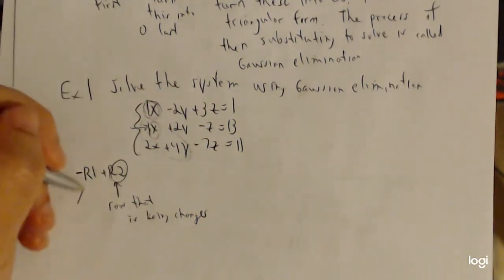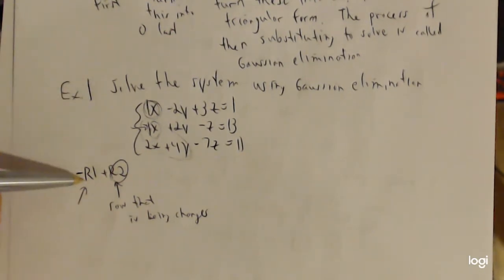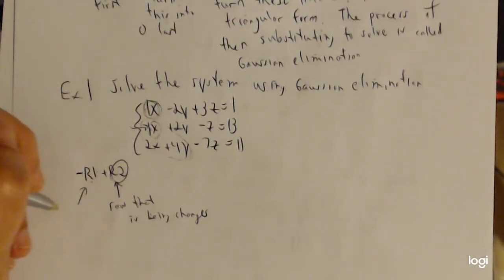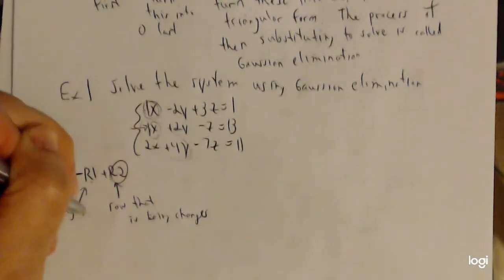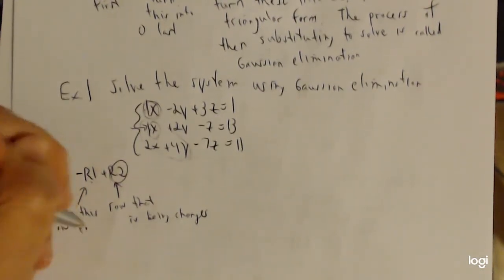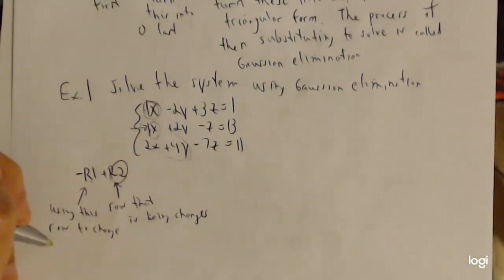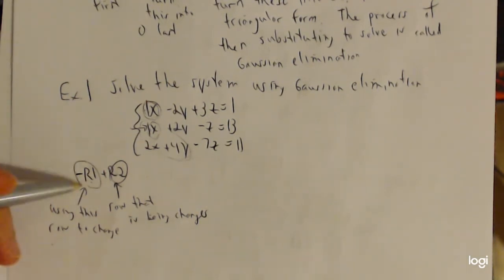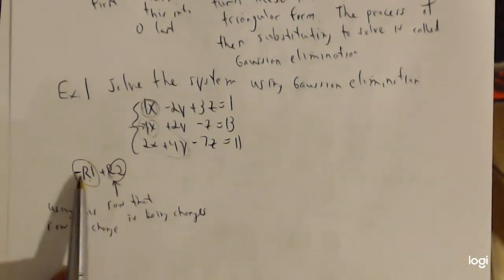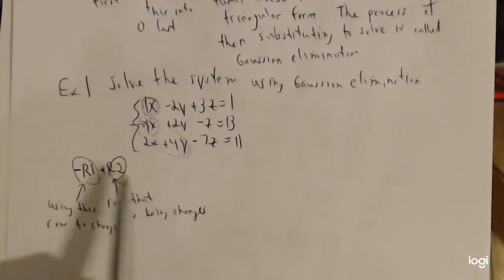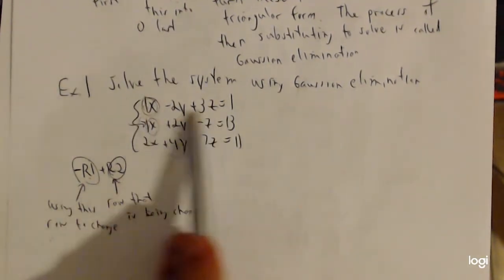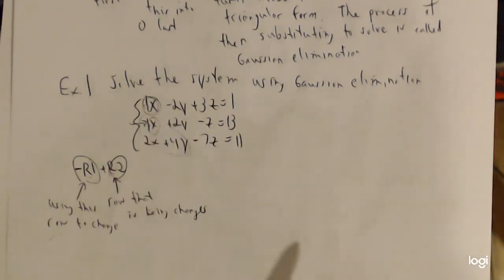And the row that I write first isn't going to change, but I'm using it to help me change the next row. So when I'm saying negative row 1 plus row 2 in this notation, all this notation is saying is grab row 1, multiply it by negative 1, and add it to row 2. And when you do that, you're changing row 2, and row 1 stays unchanged.